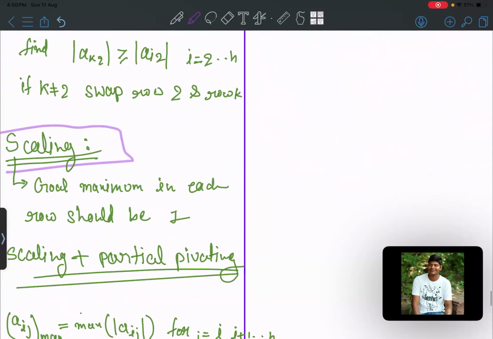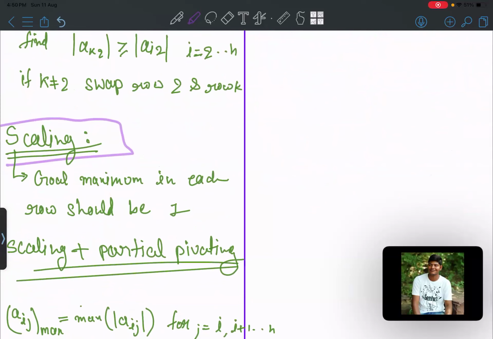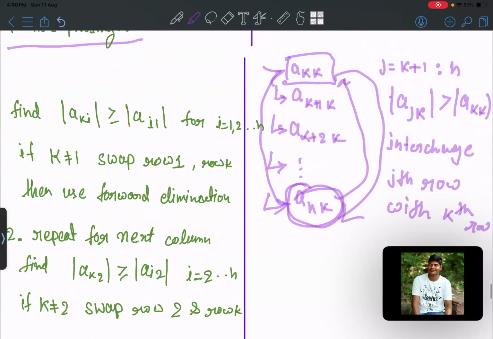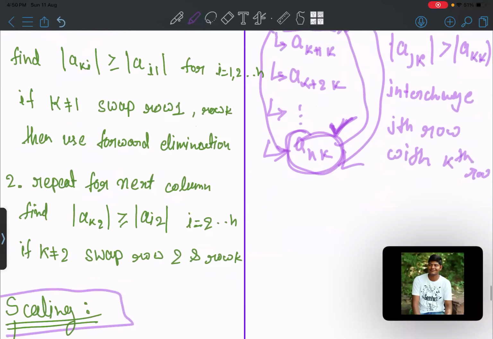There is one issue also. One more improvement can be the scaling term. What we are trying to see here is whether this term is larger than this term, so we want to interchange. But how large?